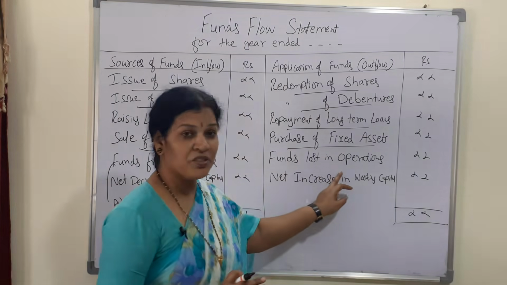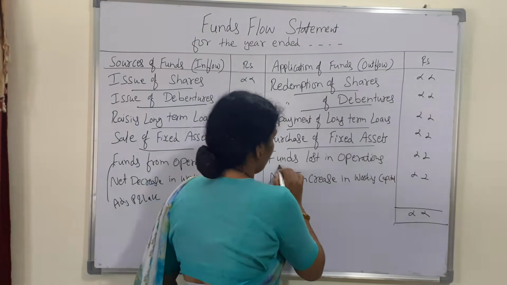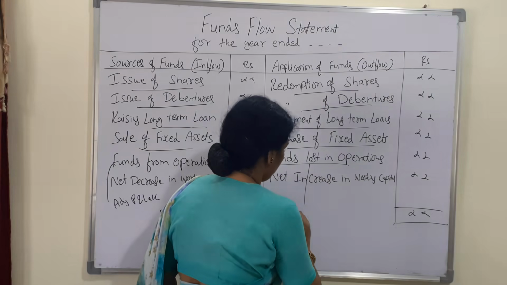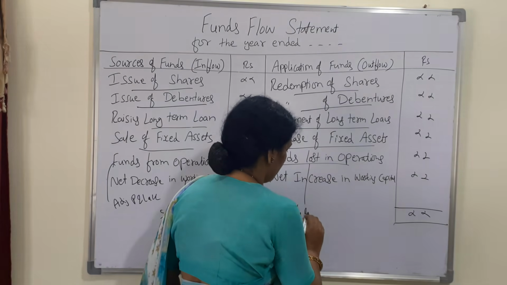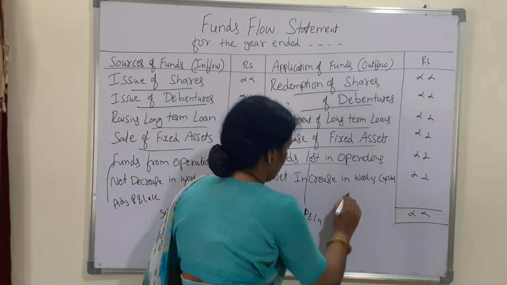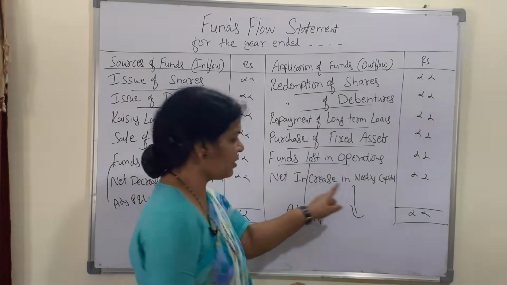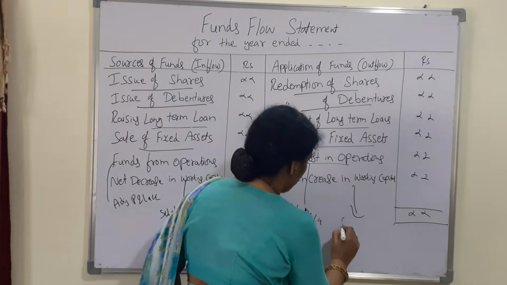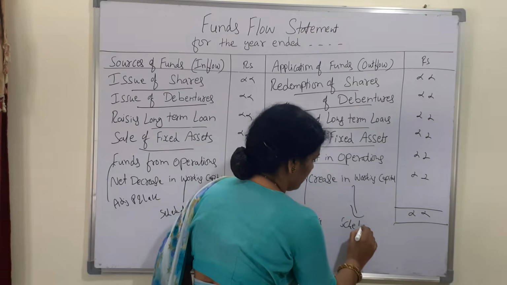Next one, funds lost in operation. This is from the adjusted P&L account. And net decrease in working capital from the schedule of changes in working capital.